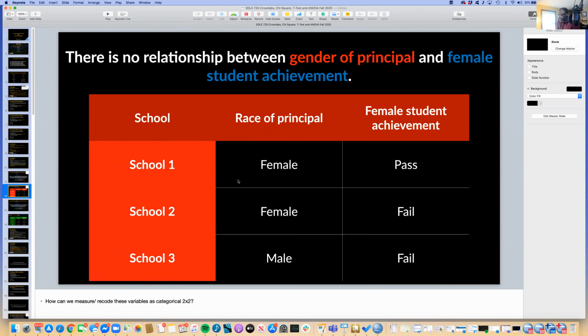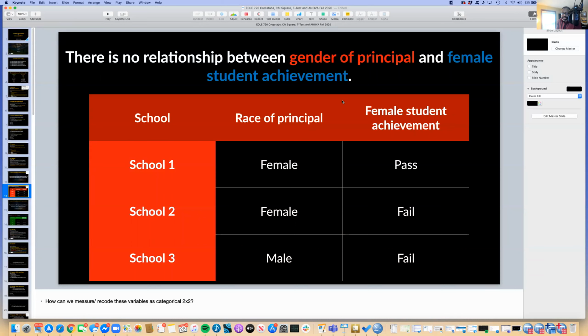Okay, so there's no relationship between gender and female student achievement, and if these data come back with a 0.05 or below statistical significance, and none of the other parts of the test violate the assumptions, then you reject the null hypothesis, because the null hypothesis is apparently not true. There is a relationship between the gender of a principal and female student achievement.